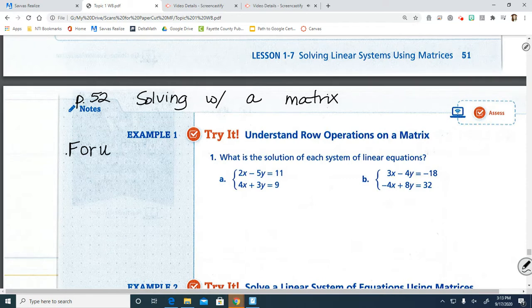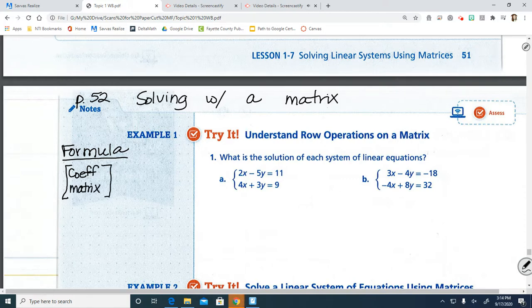So here's the formula. Okay, here's the formula. You are going to take the inverse of the coefficient matrix, and I'm going to abbreviate coefficient coef.